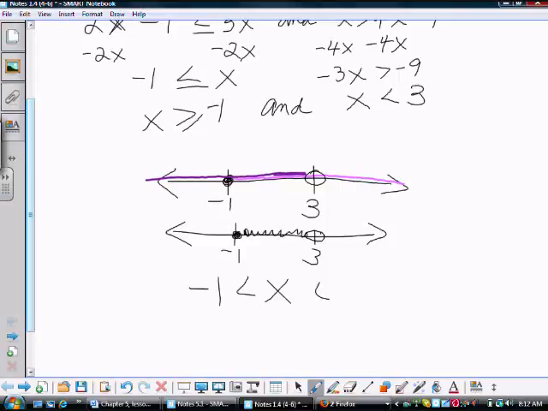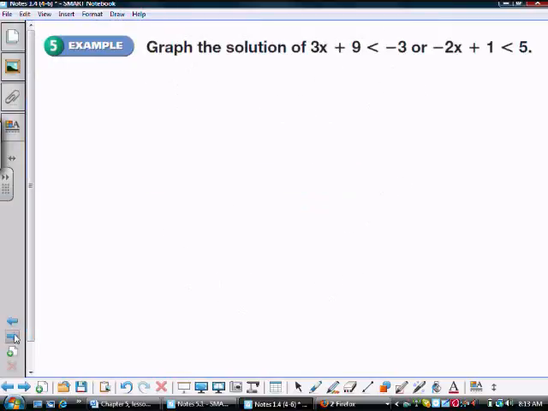This one has a shaded in dot, so I'll put a line under the inequality. And the 3 has an open dot, so I won't, and I'll write it like that. Okay, so that's and. It needs both colors. Hopefully you remember some of this stuff from Algebra 1.